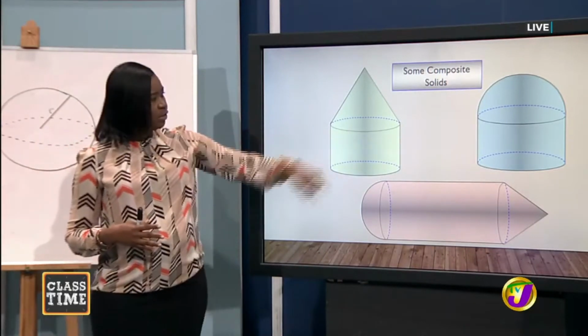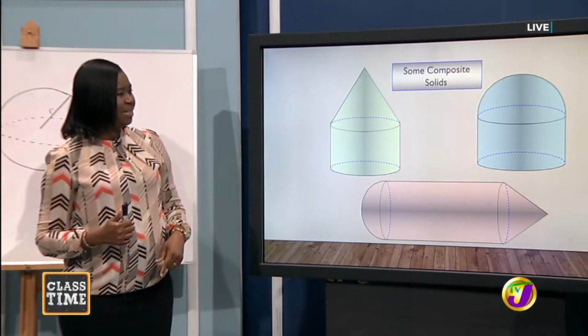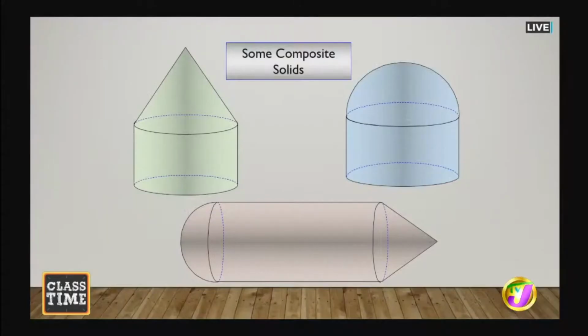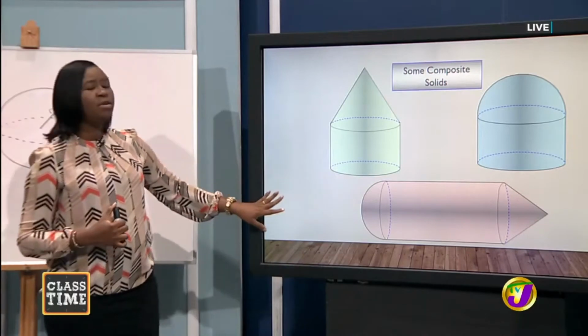Yes, and the one over to the right, that one is a little bit tricky. I'm seeing half of the sphere, which is called a hemisphere, and a cylinder. And at the bottom here we have another hemisphere, a cylinder, and a cone. All right, so that's our composite shape.